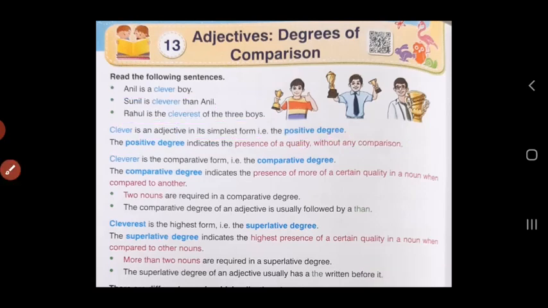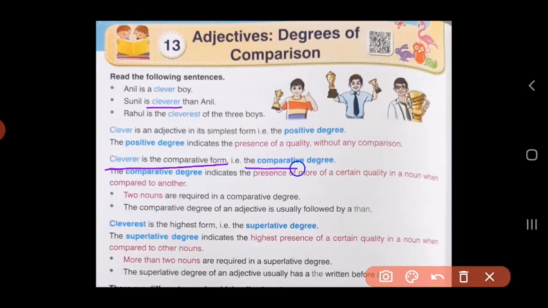Now let's look at the second sentence. Cleverer. Cleverer is in the comparative form. Comparative form means you are comparing two different things. This we call the comparative degree.